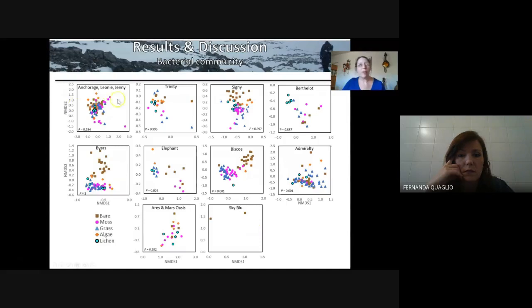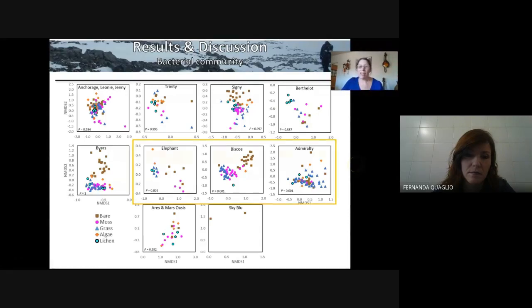At the low severity sites, communities under different cover types tend to overlap. As severity increases, they start to differentiate a bit, though not enough for an analysis of similarities to detect a significant difference, even though a PERMANOVA did find differences among cover types at these sites. It's at the mid-severity sites where we see a statistical difference among plant communities. This then disappears at the most severe continental sites.